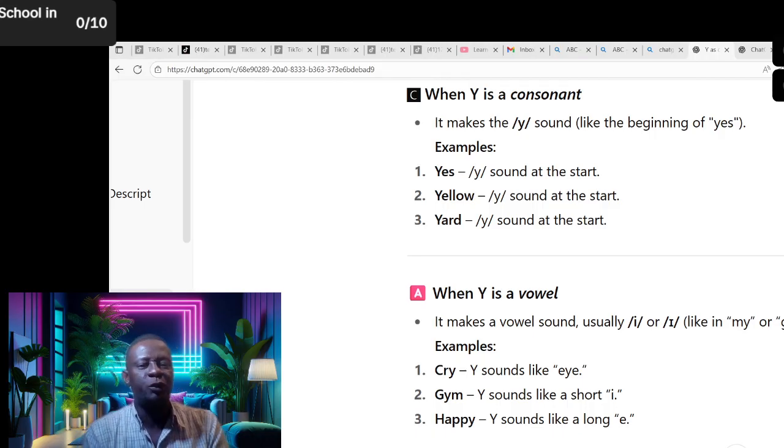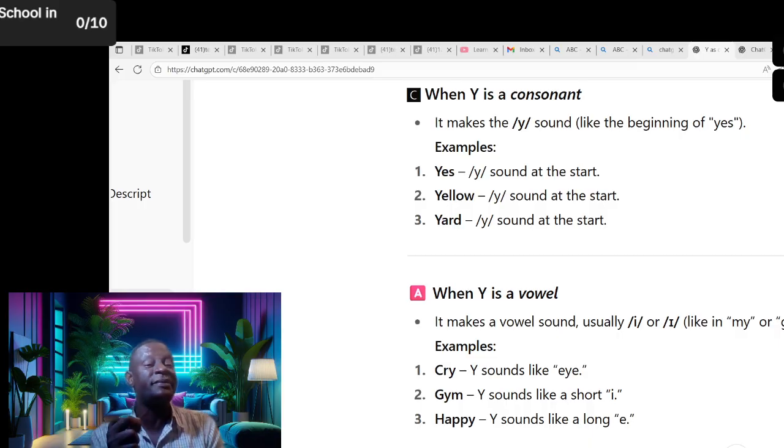What does it say? When Y is a consonant, it makes the Y sound, like the beginning of yes.